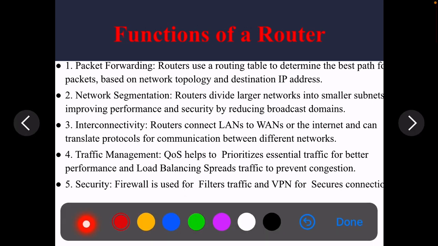And for VPN, routers can support VPN, that is a virtual private network connection, providing a secure communication channel over the internet. I hope you understand the functions of the router. First is packet forwarding, then network segmentation, then interconnectivity, then traffic management, and then security.